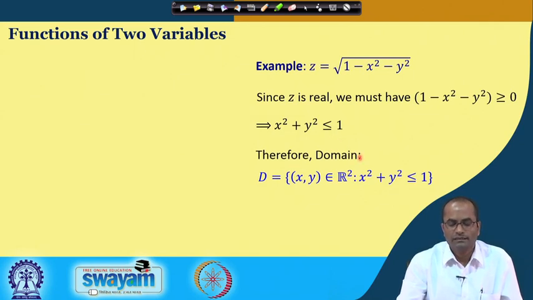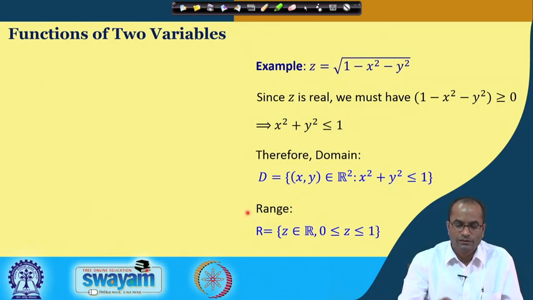Therefore, we get this domain D, which contains all the points in R 2, meaning both are real, in the xy plane where x square plus y square is less than or equal to 1. So, this is a circular disk in the xy plane, which forms the domain for this function z is equal to square root of 1 minus x square minus y square.